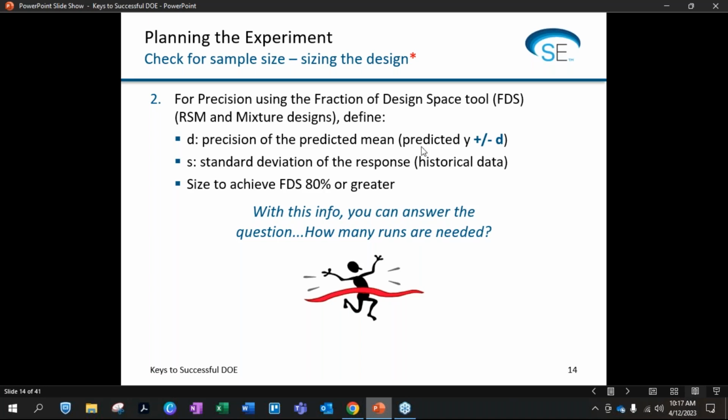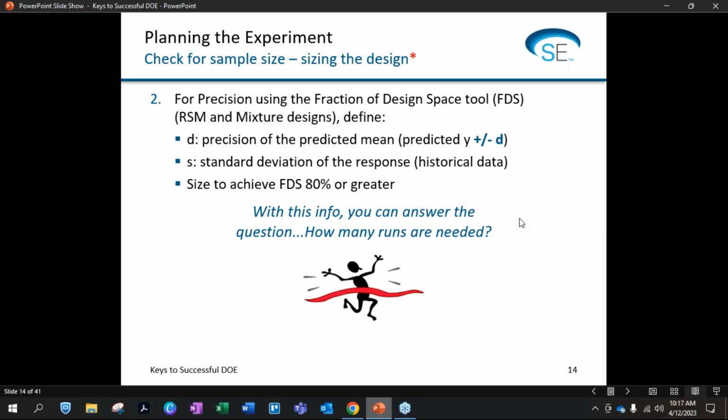So it says we want to have a predicted response plus or minus some amount. So you decide, it's a business decision, what is that amount of error, kind of your 95% confidence interval, what is that plus or minus amount? Then in addition, you need the standard deviation of the response, and you need to, again, size to achieve the fraction of design space 80% or greater.